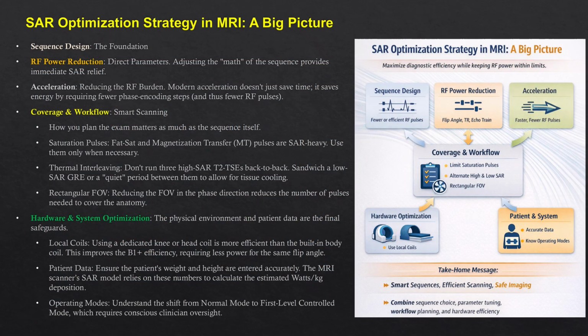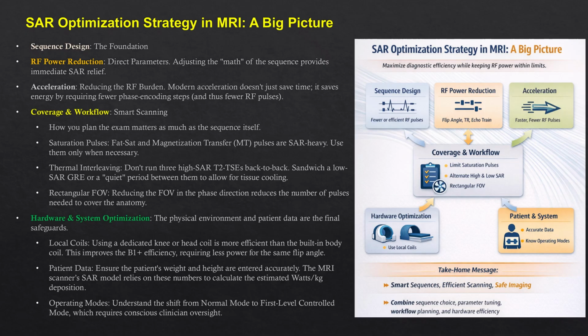The goal of SAR optimization in MRI is simple: to maximize diagnostic efficiency while keeping RF power deposition safely within established limits. To achieve this, we must think beyond individual parameters and adopt a big-picture strategy that spans sequence design, parameter adjustment, workflow planning, and hardware optimization.